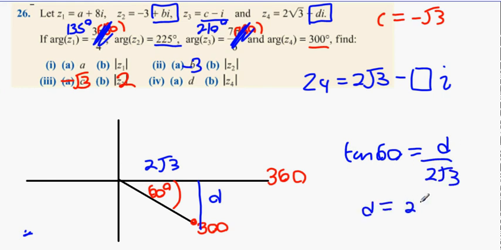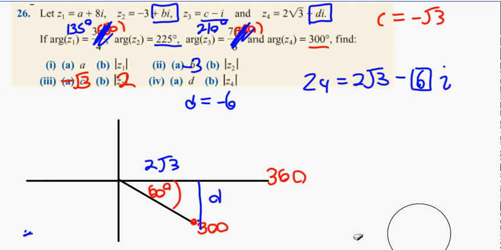D equals 2 root 3 tan 60. And what that's going to get me, on my calculator, is that D equals 6. Now it's minus 6 because it's 6 down. Okay, so D equals minus 6.